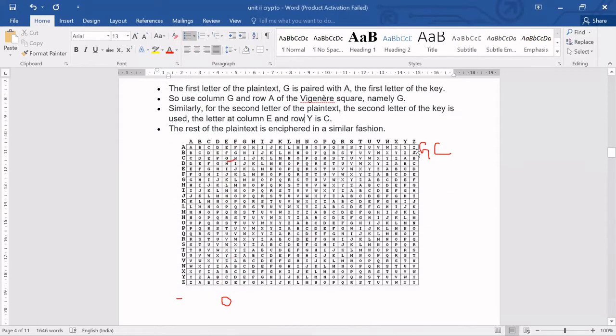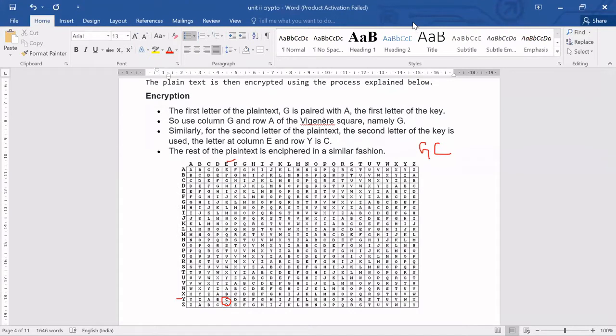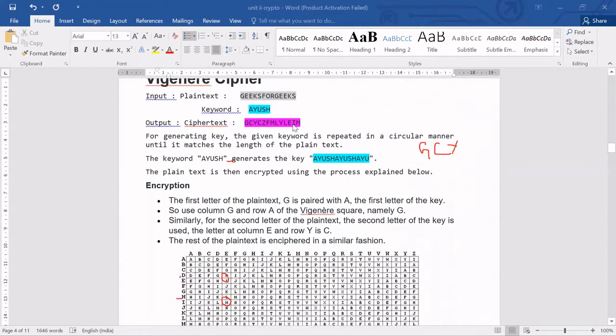For E and U, what is the value? E is here and U is here. So the corresponding value is Y. And the value we are obtaining is Y. We keep doing the same thing. So we obtain GCY.